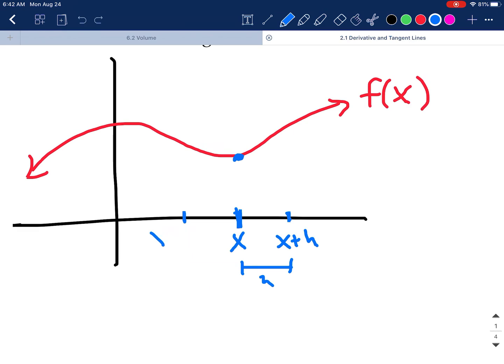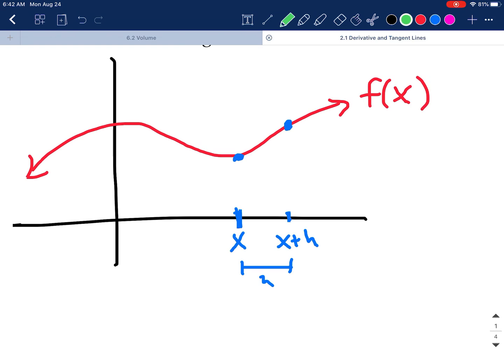Now note, by calling it h, I can make that distance as small or as far as I want it to be. So for our first picture here, we're just going to draw h a little bit further away, right?